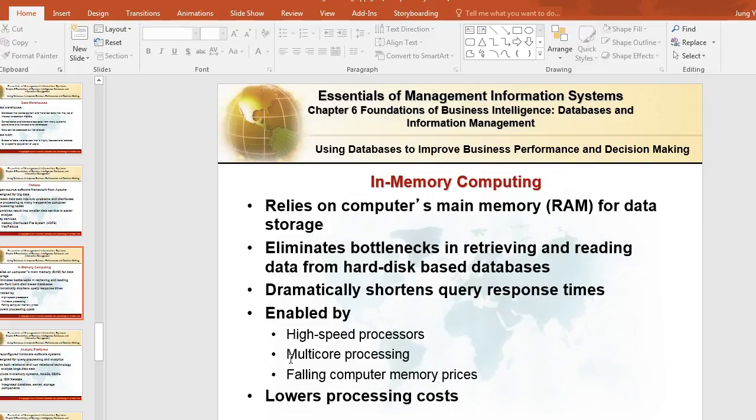It's called in-memory computing. Originally it was coined and developed by SAP, one of the main industry players in ERP packages, and they launched a product called HANA as part of this in-memory computing area.